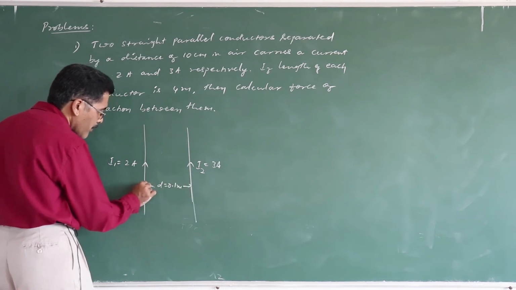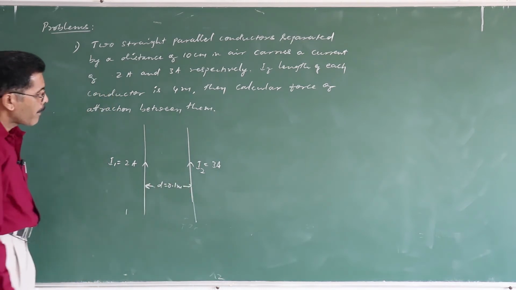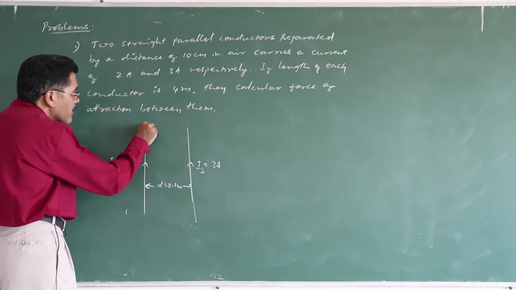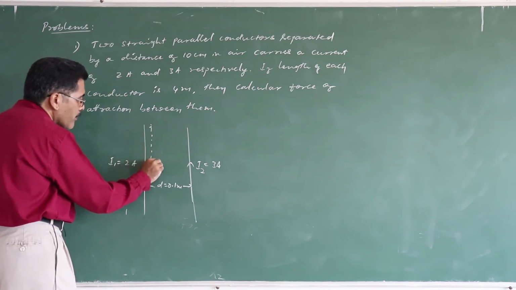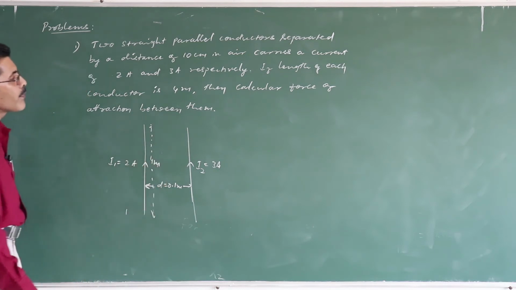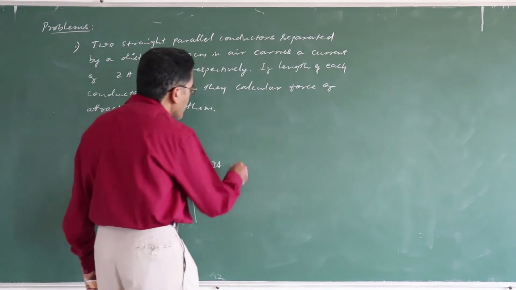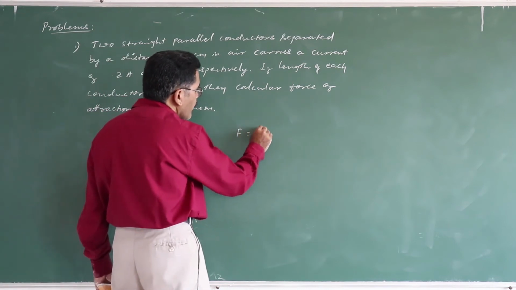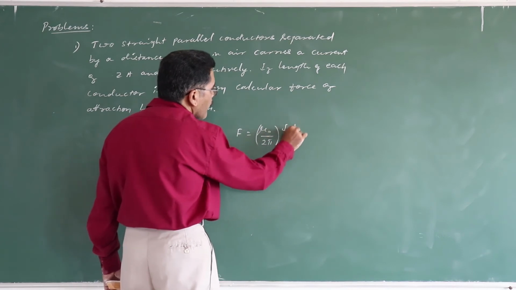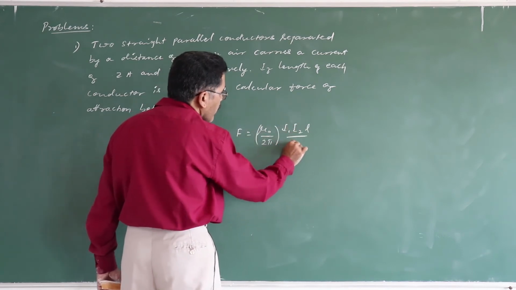And what is the length? Length of each conductor is 4 meter. So we know that F is equal to mu naught by 2 pi, I1 into I2 into L divided by D.